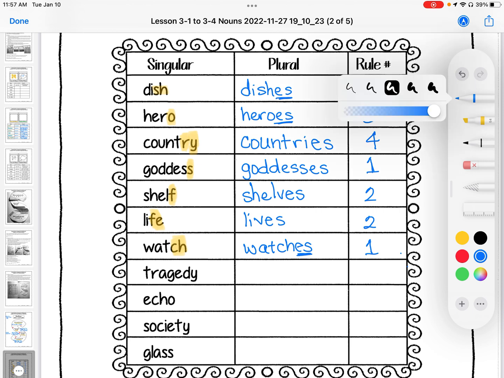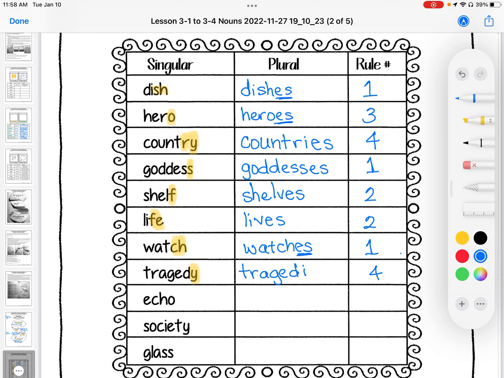Okay, tragedy ends with a Y, and rule number 4 says that if it ends with a Y, I change it to an I and add ES. So I'm going to keep the beginning the same, change the Y to an I, and add ES.